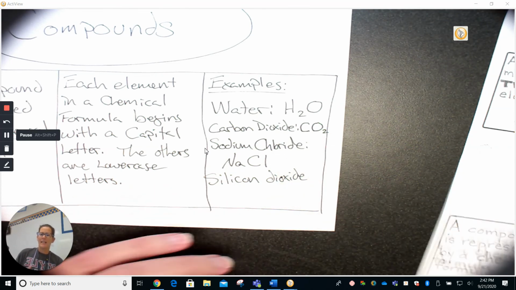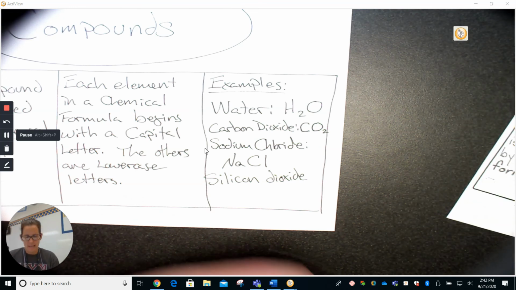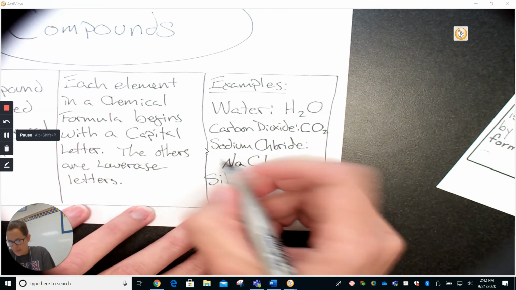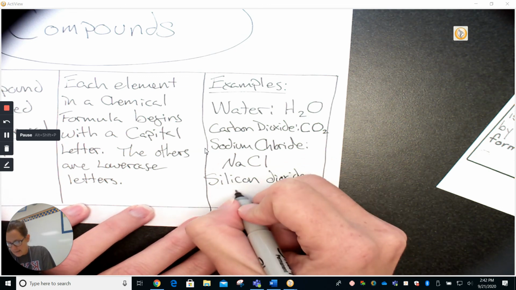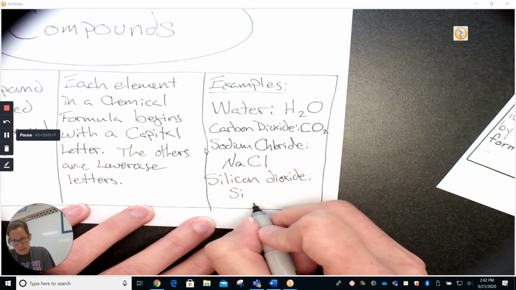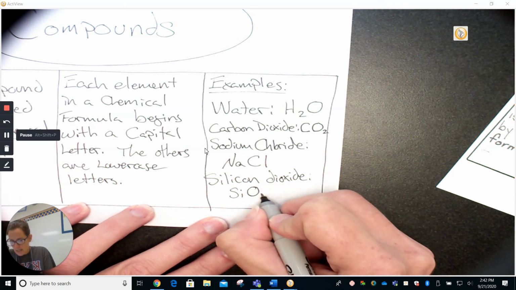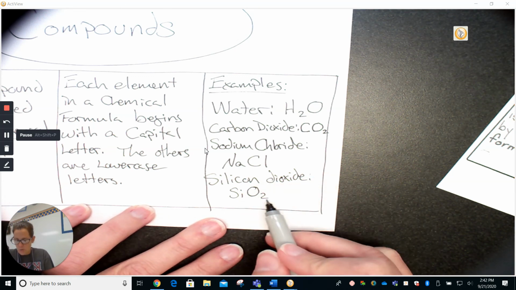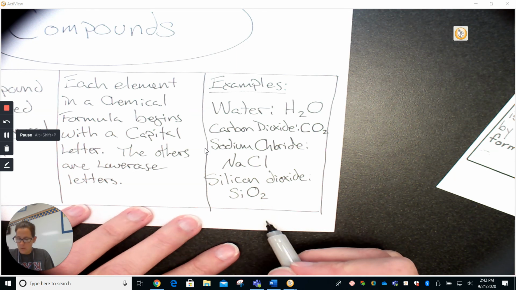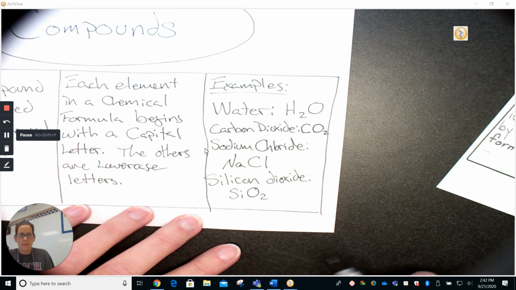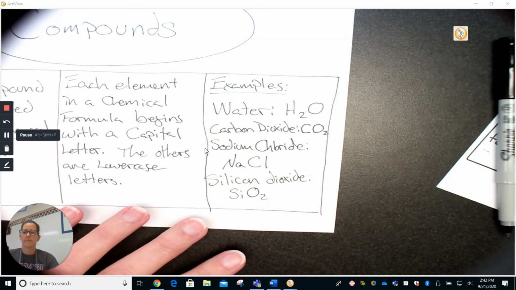Okay, I know it's kind of silly. It's a science thing. It's just one of them science things. So the chemical formula for silicon dioxide is going to be a capital S with a little i, and then a capital O for that oxygen, and a 2 because there's 2 atoms of oxygen right there, okay? So 1 atom of silicon and 2 atoms of oxygen.